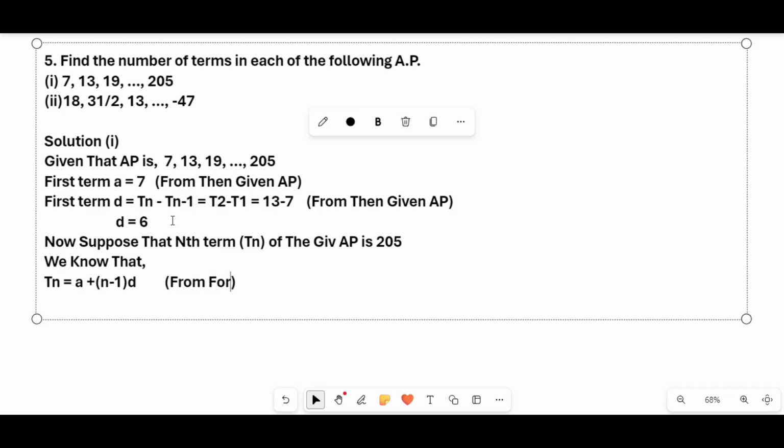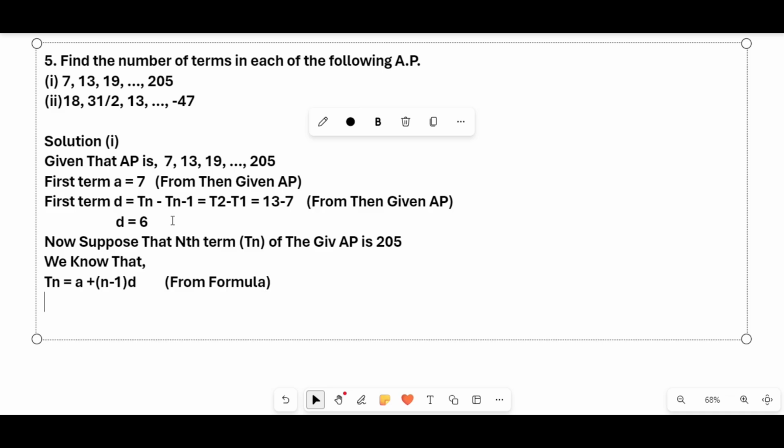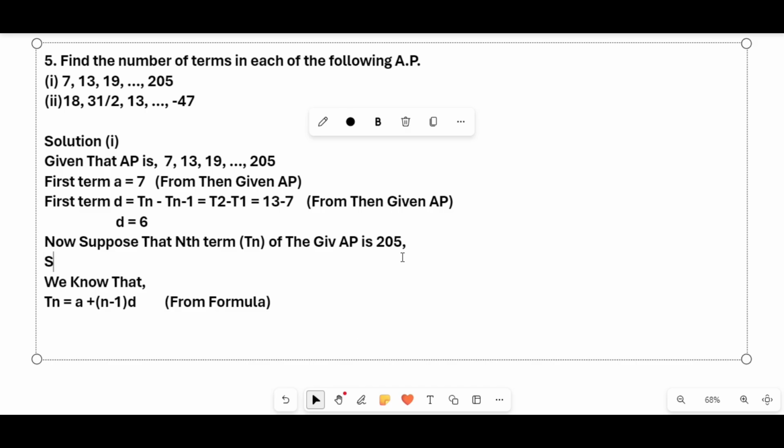From the formula, by formula भी आप लिख सकते हैं। So Tn is 205, यहाँ बल्कि हम लिख सकते हैं फार्मूला करके। So Tn is equal to 205.